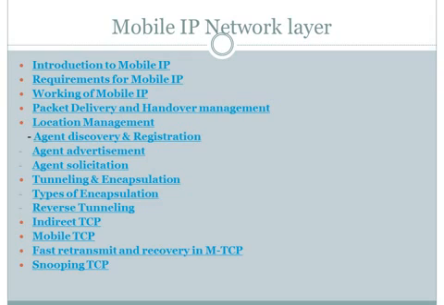Then we look at TCP, mobile TCP, how it differs from normal TCP, and some methods which are indirect TCP and your mobile TCP, and then snooping TCP also. Okay. And then also we look at another mechanism in mobile TCP, which is called fast retransmit and recovery mechanism in mobile TCP.